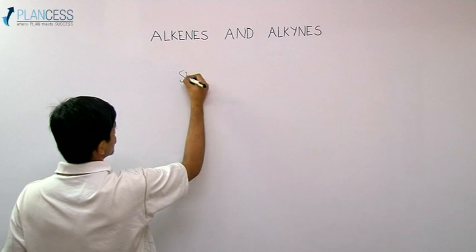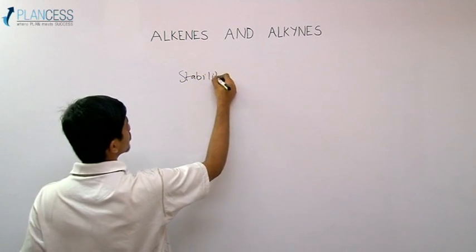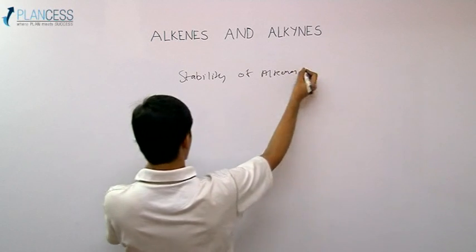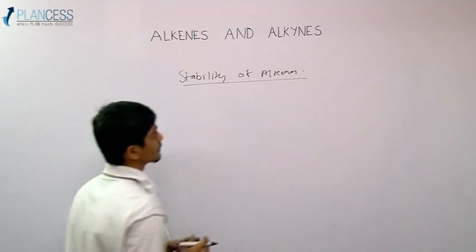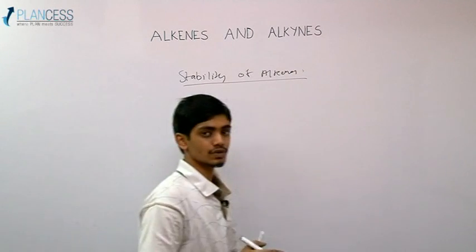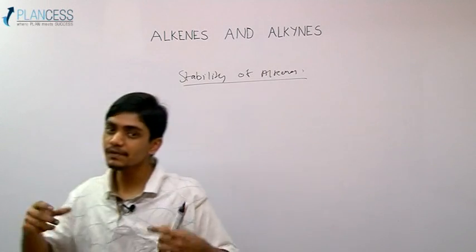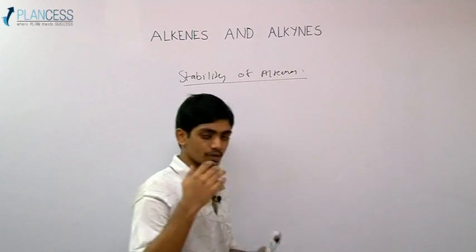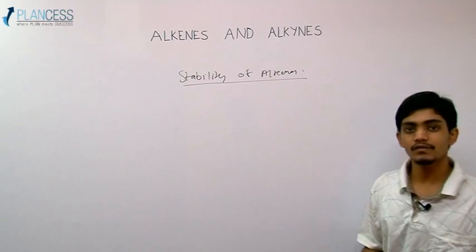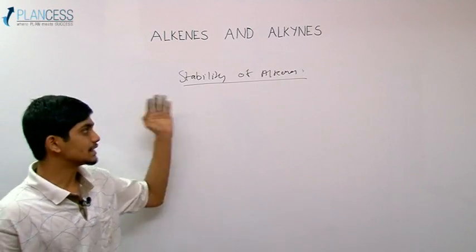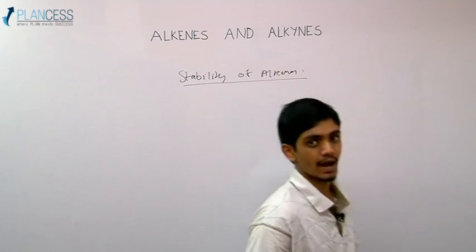So what we need to study before that is some stability of alkenes. Now this stability of alkenes will decide which alkene will be produced by the elimination of the alkyl halide. Suppose we want to produce a specific alkene, what steps should we follow so that we can get it from a particular alkyl halide. For that we need to know something about the stability of alkenes.